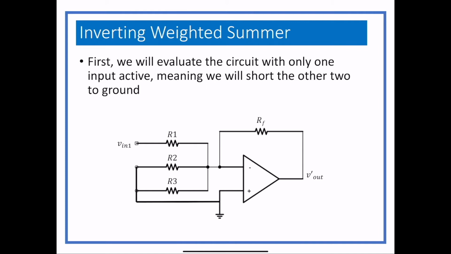Well, what happens to R2 and R3? You've got 0 volts at the positive terminal and 0 volts at that grounding point, so V minus is just going to be 0, but then at the other side of those two resistors, you're also going to have 0. If you have 0 volts on both sides of the resistor, it's as if they don't exist, because there's no current going to go through there, there's no voltage going to be dropped.